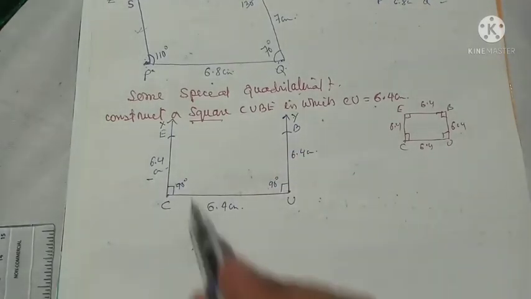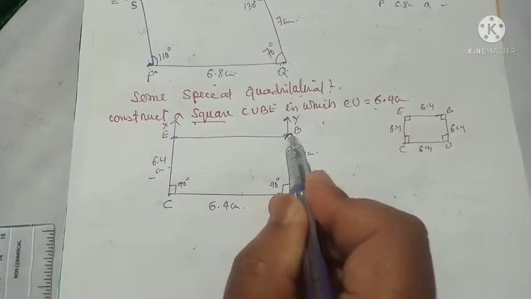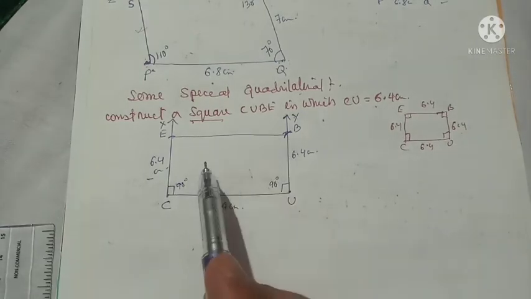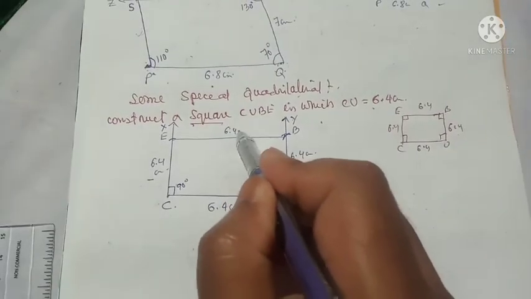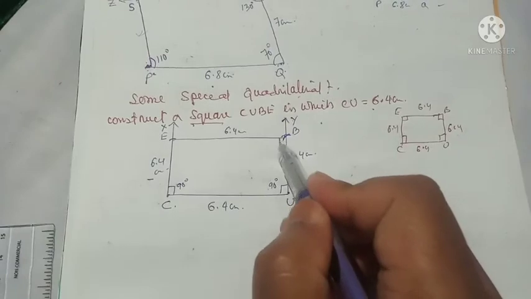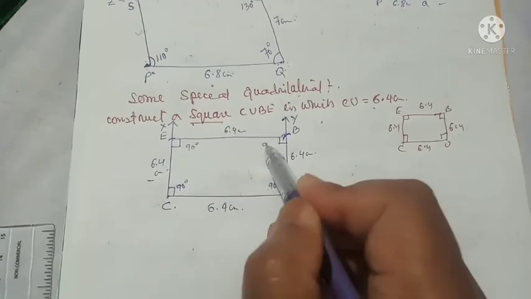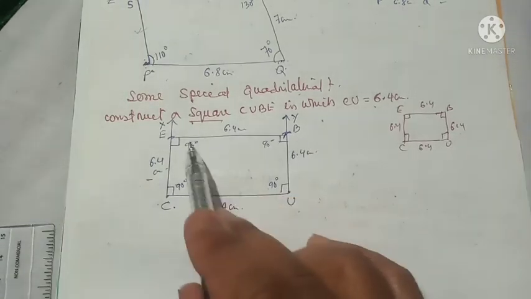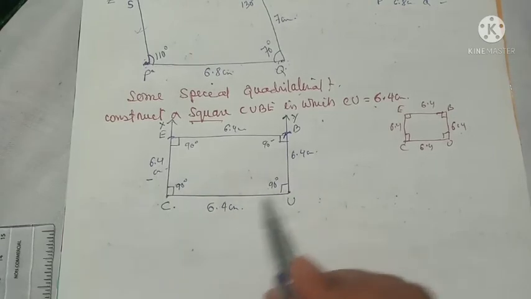And then we join BE. Hence CUBE is the required square, because if there are two right angles and all the sides are equal, then these two angles, angle B and angle E, are also absolutely 90 degrees. Even if we do not construct these two, we can easily say that both angles will surely be 90 degrees, because we have constructed two 90 degree angles and three sides are equal.